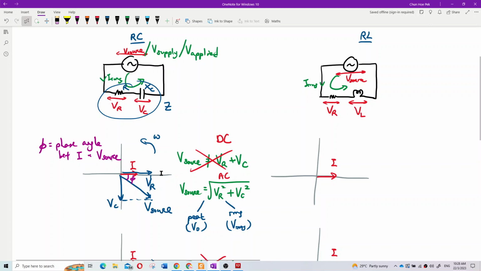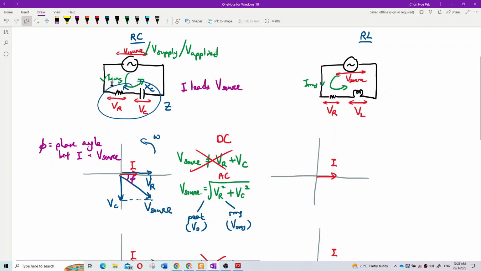Class, rotation anti-clockwise. Who is leading? Current leading or V source leading? Current leads V source.